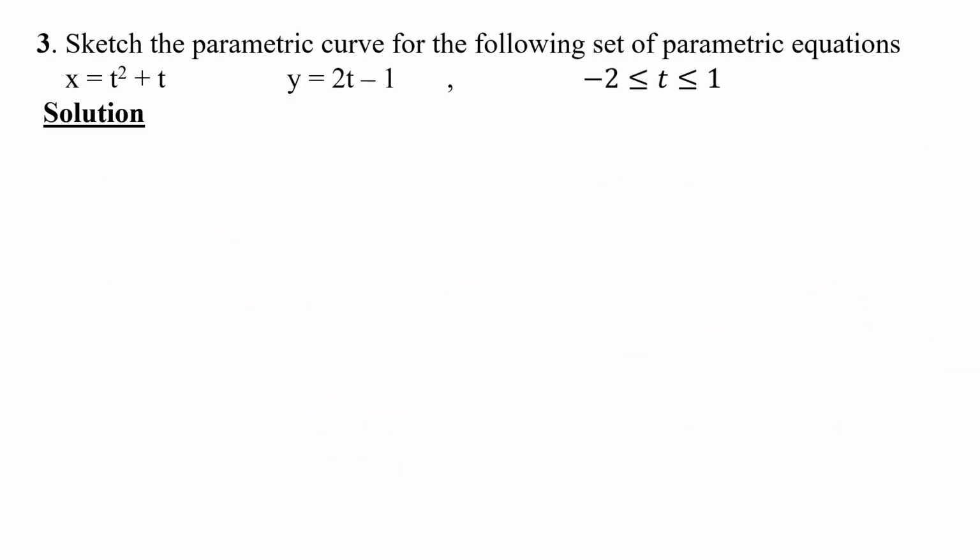Example number 3. Sketch the parametric curve for the following set of parametric equations. We have x which is equal to t squared plus t, y is equal to 2t minus 1, and t is between negative 2 and 1.